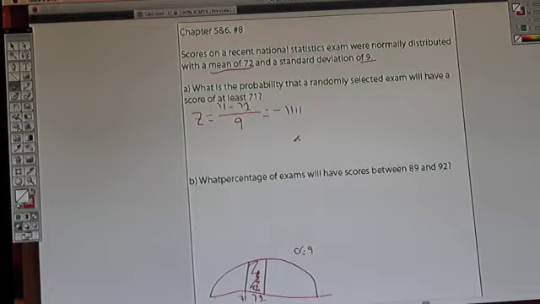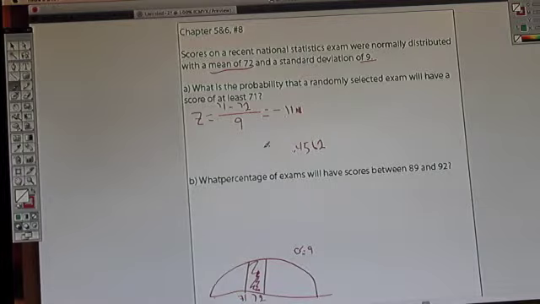0.1111, repeating. When you take a look at your z-score chart, this should technically just be 2 decimal places, I apologize. So it would be 0.11. When you take a look at your z-score chart and you find that value, you find out that the area in between there is 0.562.